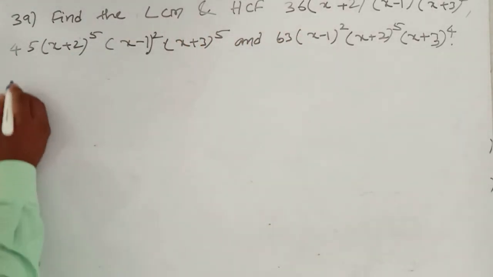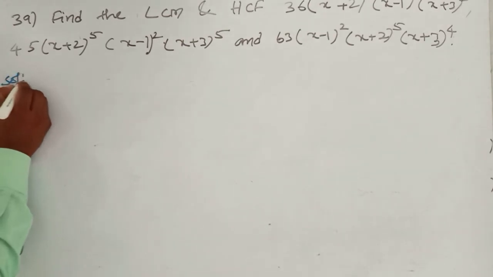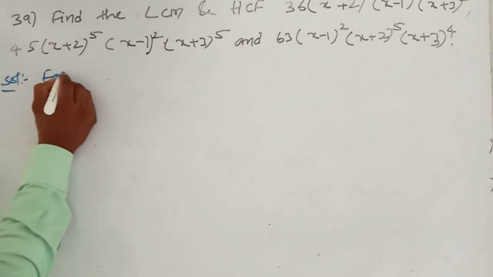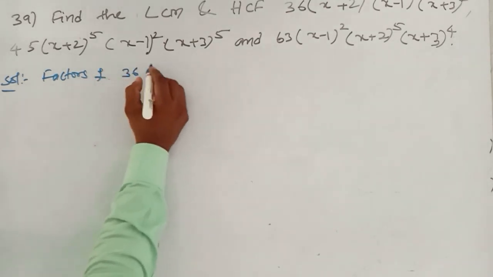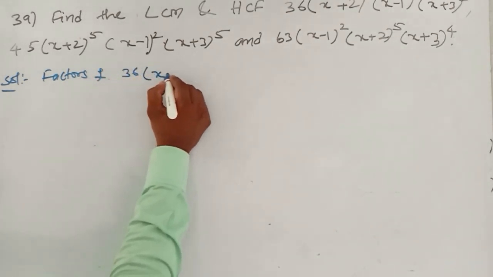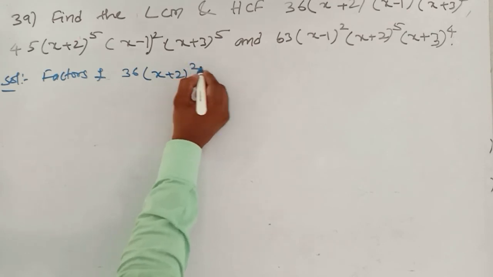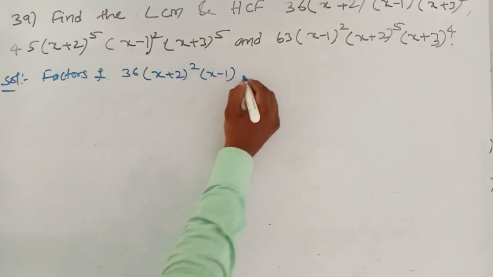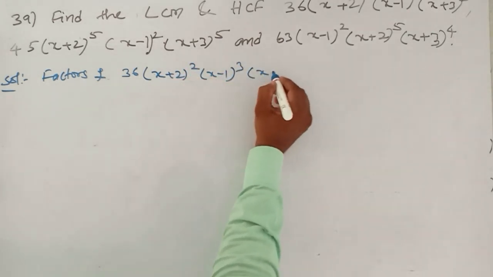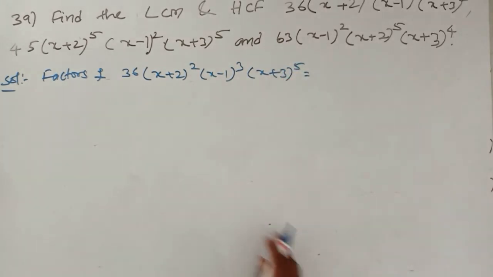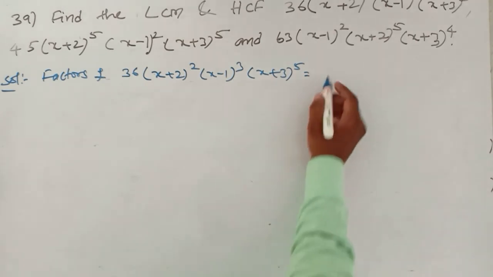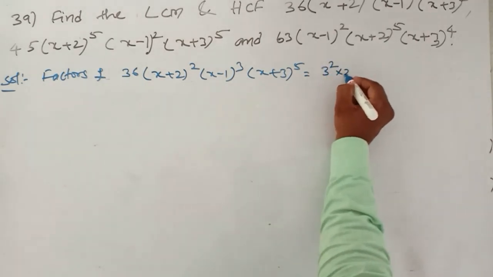So here I am finding factors of the first polynomial, 36 into (x+2)^2 into (x-1)^3 into (x+3)^5. That is equal to the factors of 36, I am writing 3 square into 2 square.